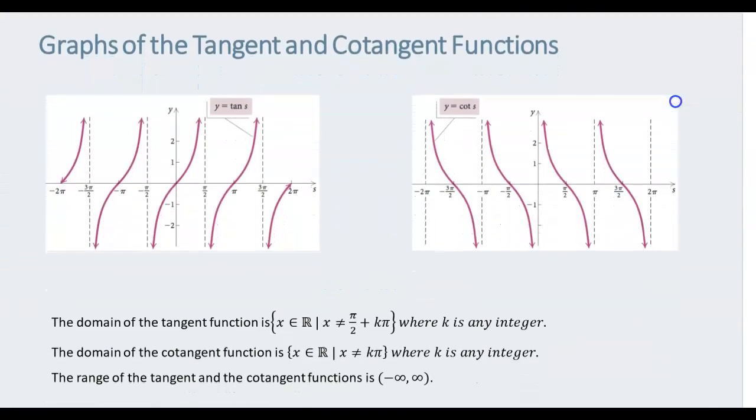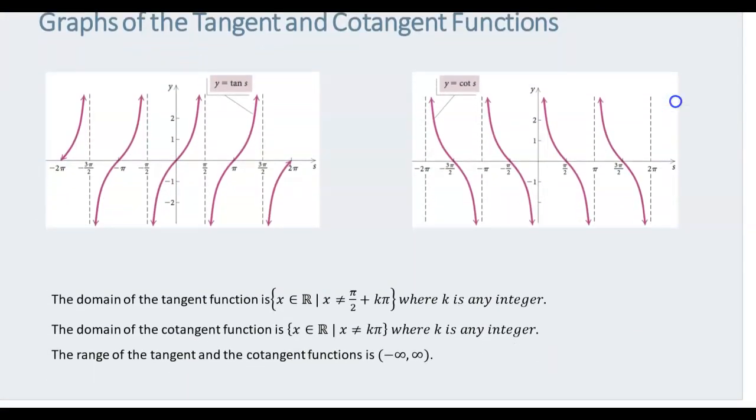Here are the graphs of tangent and cotangent. Again, they have asymptotes where we have points of discontinuity or where the function is not defined. Tangent is y over x, so whenever x is equal to 0, we're getting an asymptote.